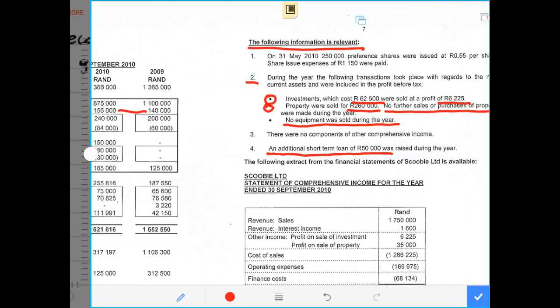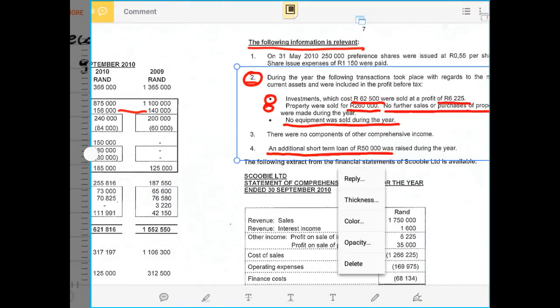So now the entries that we see under additional information number 2 will affect our cash flow from investing activities, because investing activities is focusing on the assets. More especially, non-current assets will be the ones affecting the cash flow from investing activities, because we invest in assets. We don't invest in liabilities.